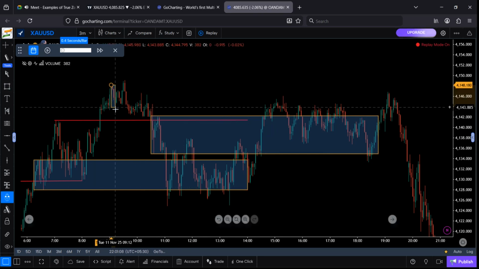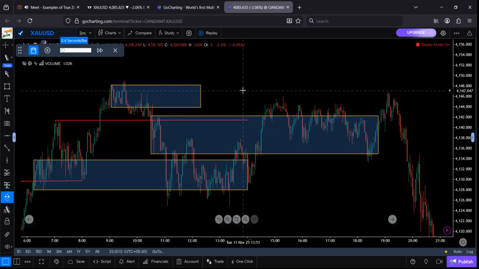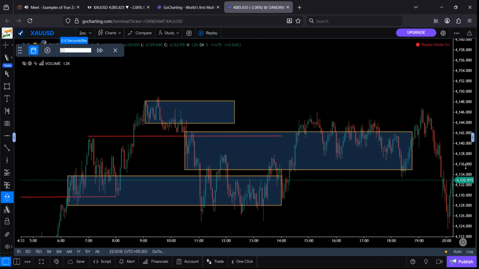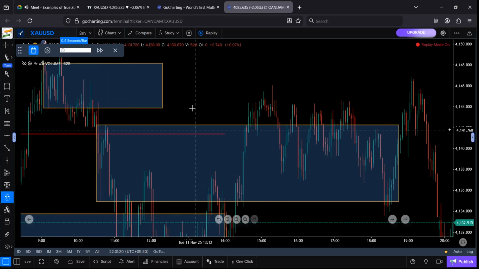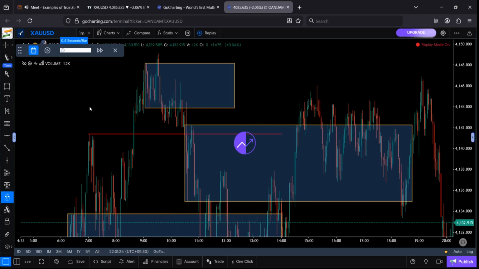If you look at this here, it goes up like this, and this one is here. If we go on the 1 minute time frame, you can see it more clearly.